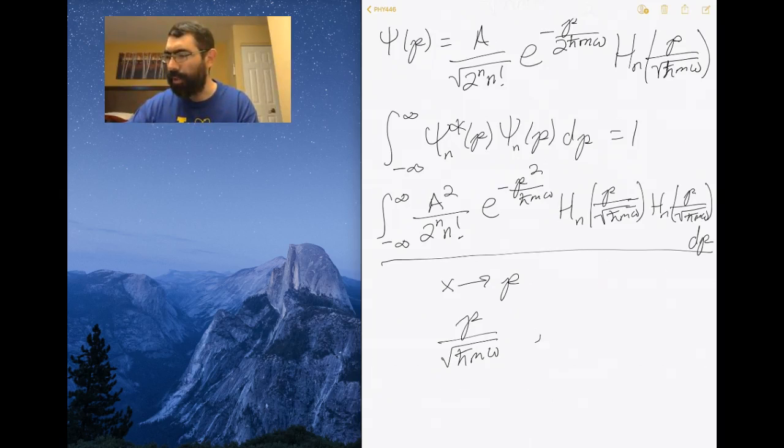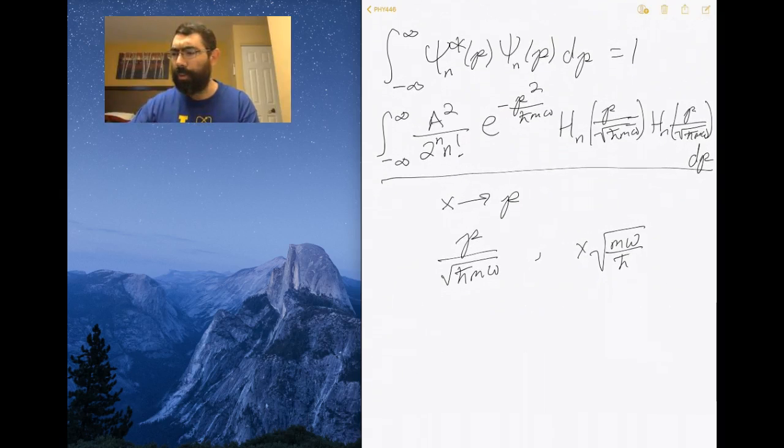For the position one, I believe it was x multiplied by the square root of, I'll get this right, it was the square root of m omega over h bar.